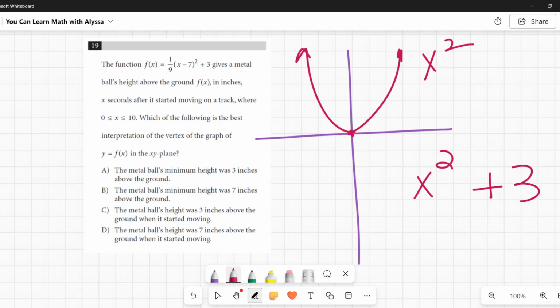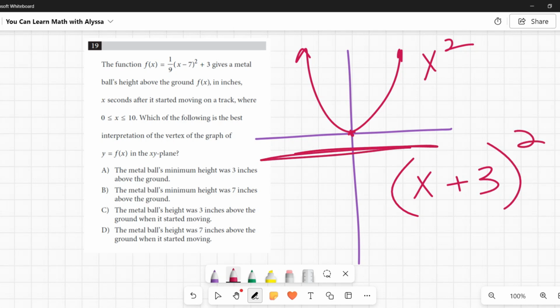So here plus 3, it's going to move it up 3 points. Nothing else will change, it's just going to go up 3. If you have a number that is inside the x squared, it moves it left or right, but it moves it the opposite way. So x plus 3 would move it 1, 2, 3 to the left towards the negative x. And you can combine all of these together, which is what's happening right here.